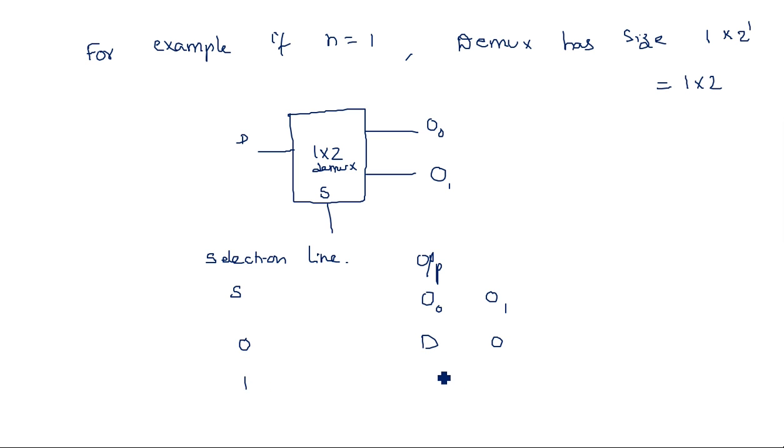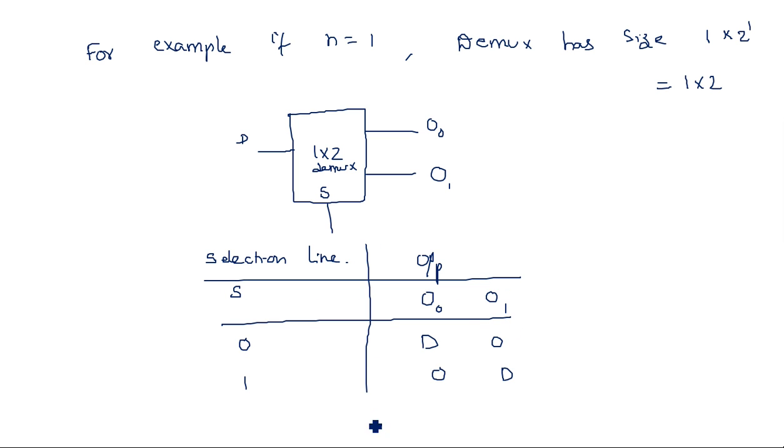And if the selection line is 1, O0 is 0 and O1 is D. Depending on the selection line, if it is 0, the input will be transferred to the first output line O0, and if it is 1, the input will be transferred to the second output line O1. This is the simple 1 by 2 demultiplexer.